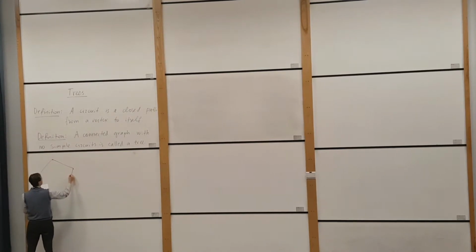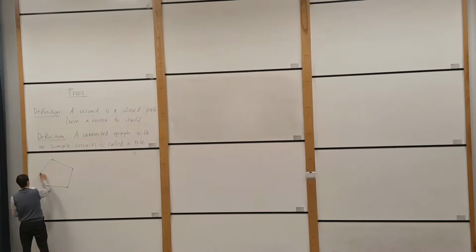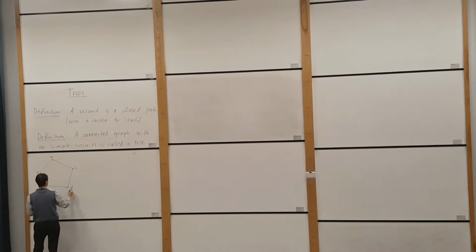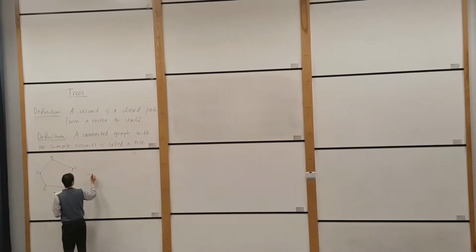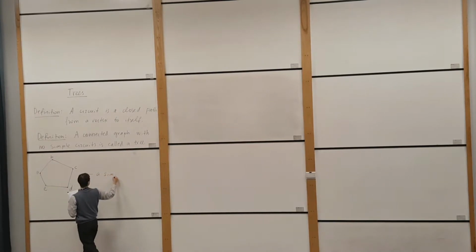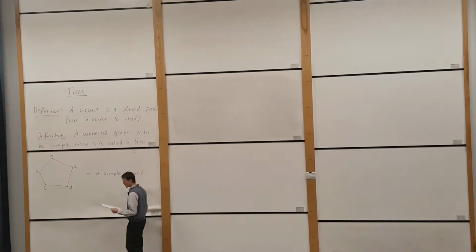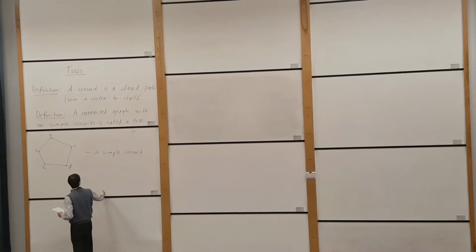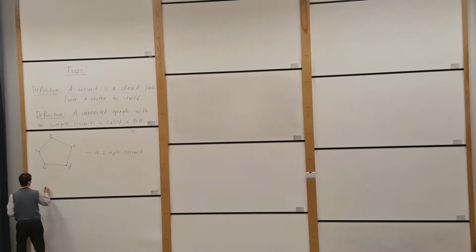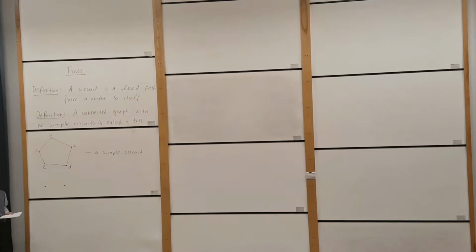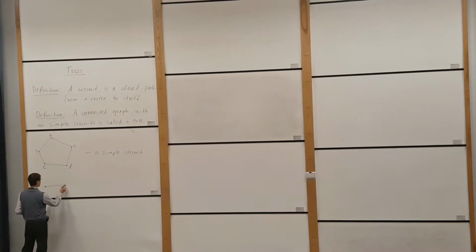Here's an example of a simple circuit: A, B, C, E. If you remove this condition of simplicity, then whenever you have an edge, you always have a non-simple circuit.